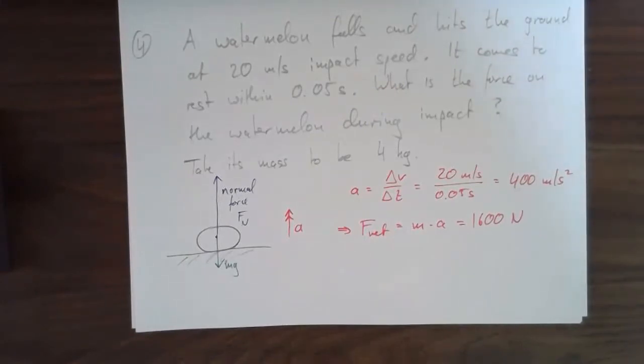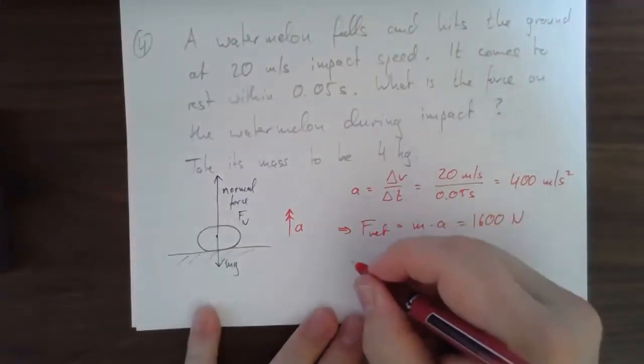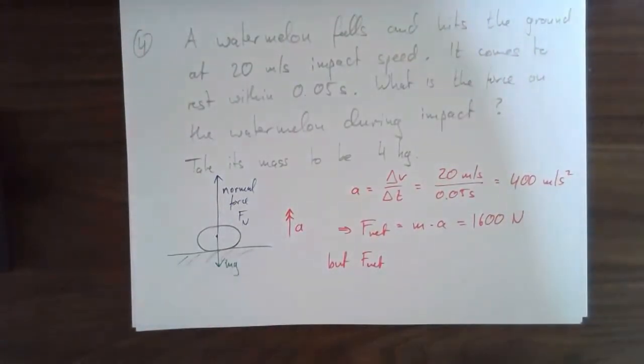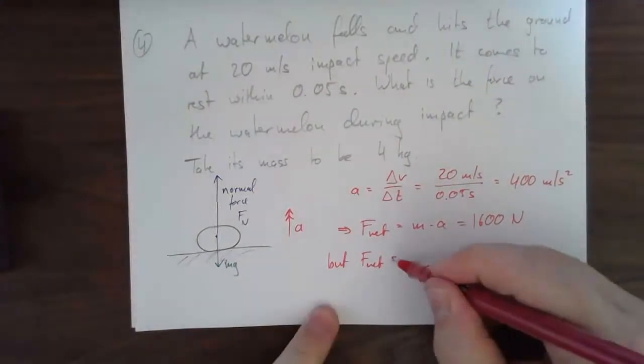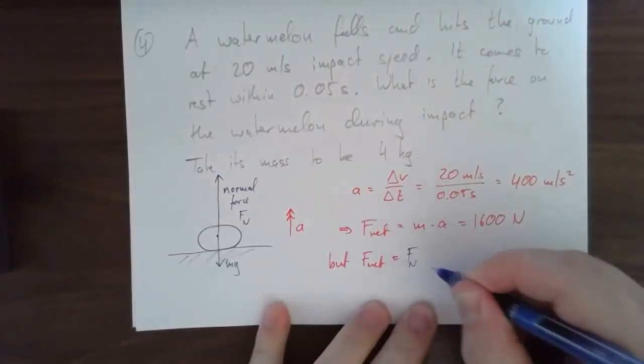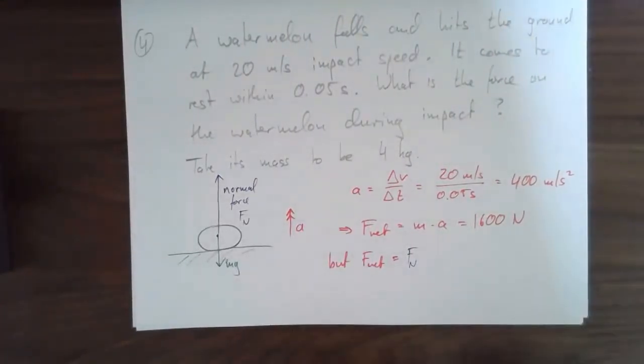Not quite, because the net force, we know, is equal to the sum of all the forces, and one of them acts down, so I have to actually add them carefully. The net force is going to be equal to the normal force, and then minus mg, because mg points down.